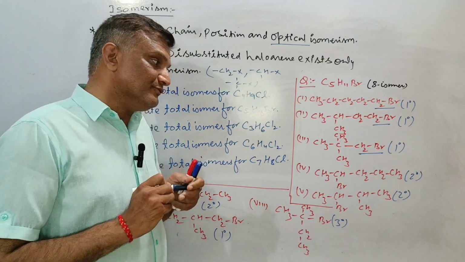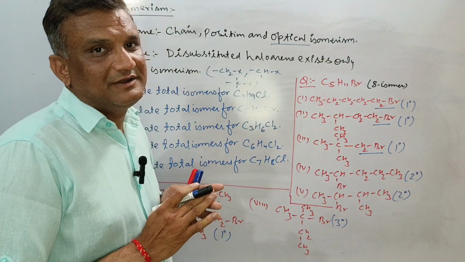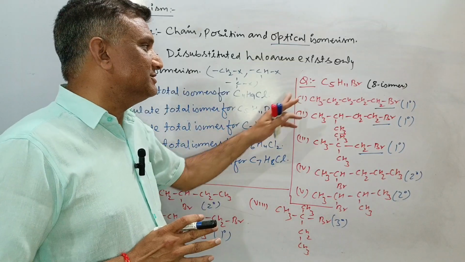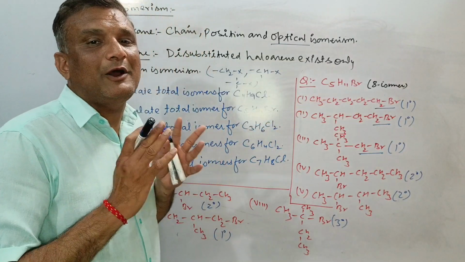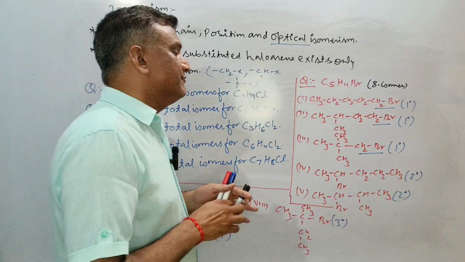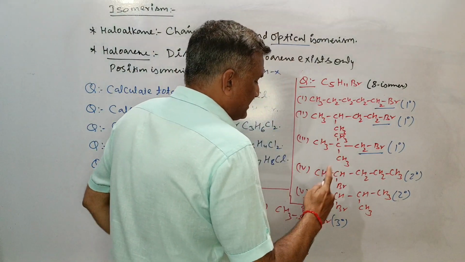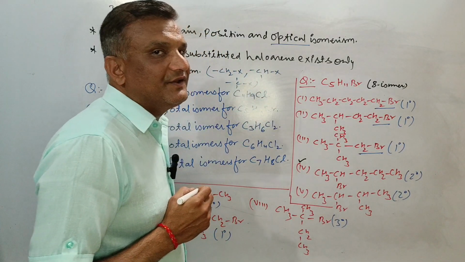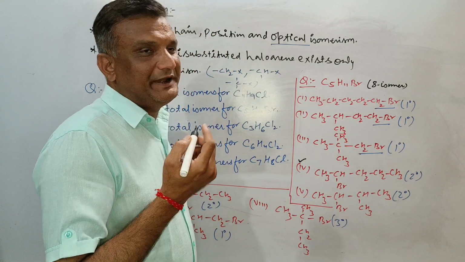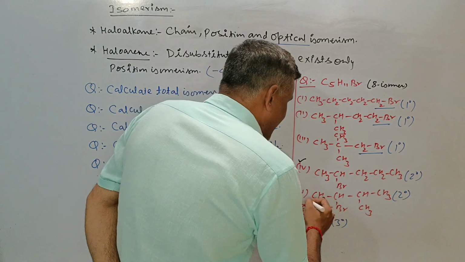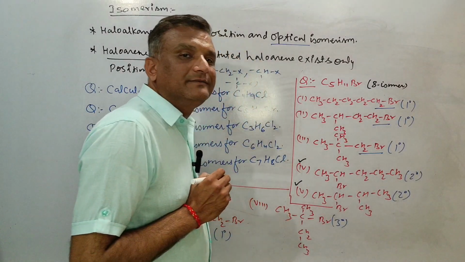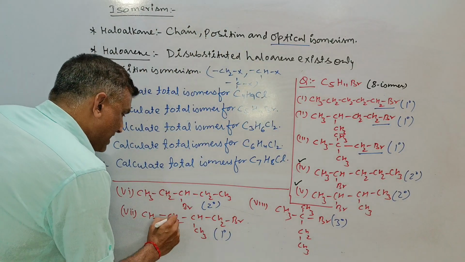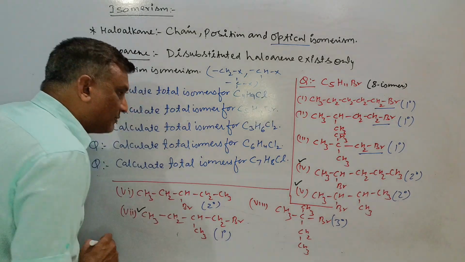If anybody asks you how many compounds for C5H11Br will be optically active, then you can take as optically active the fourth compound, secondary active pentyl bromide, isosecondary active pentyl bromide, and active pentyl bromide.